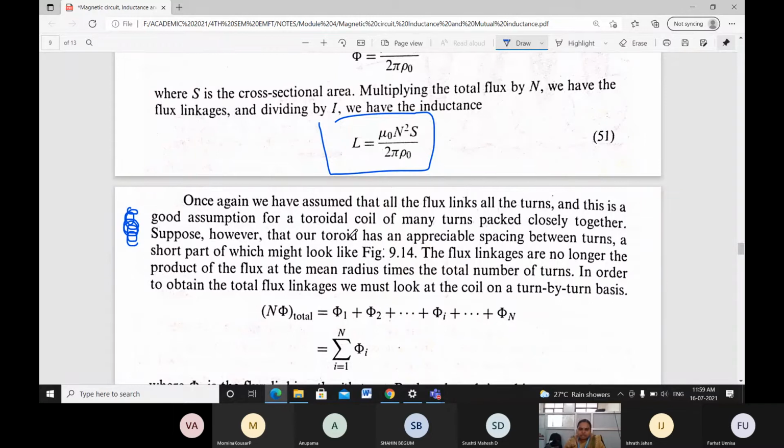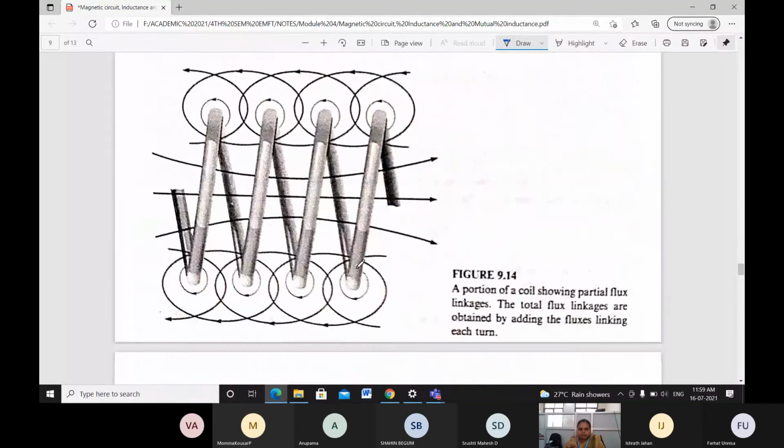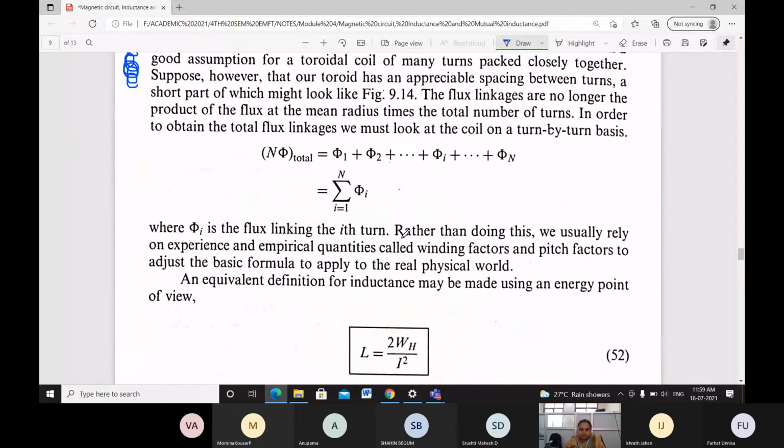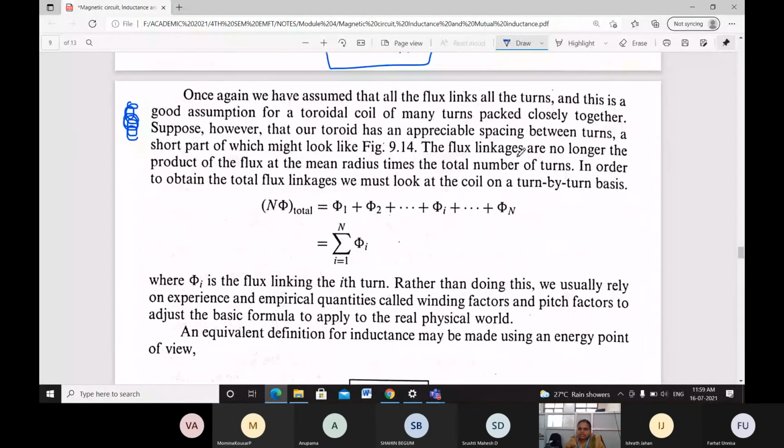If our toroid has appreciable spacing between the turns, observe here the distance it is having, then the flux linkages are no longer the product of the flux at the mean radius times the total number of turns.